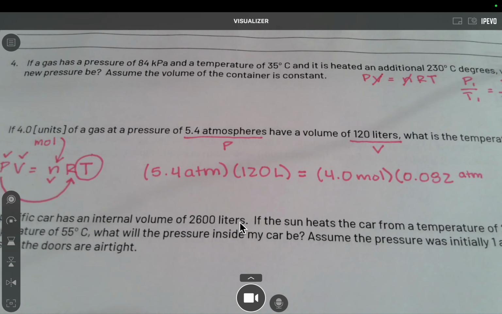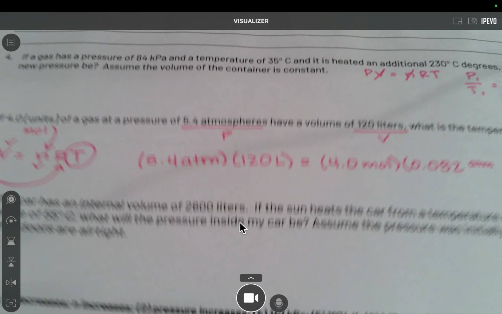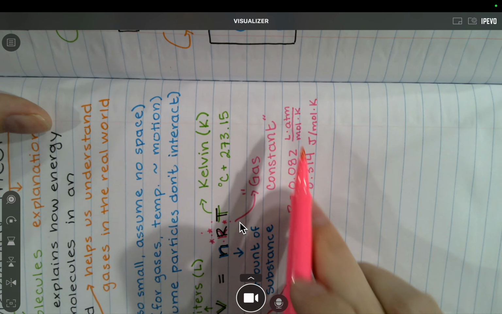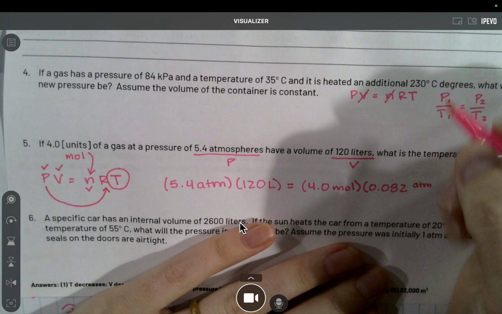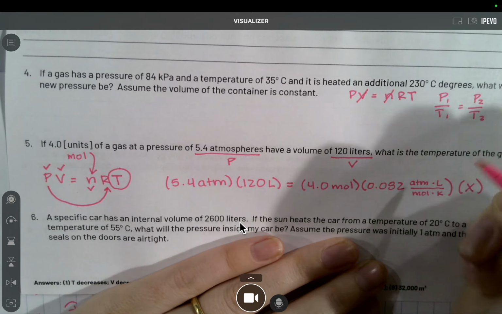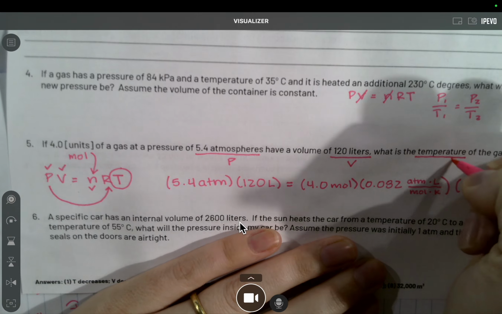Well, what were the units on that? They're all going to cancel out, so it doesn't matter a ton, but I like to keep track of my units. Liters times atmospheres over moles times Kelvin. Atmospheres times liters over moles times Kelvin. Okay. And we're solving for x. We do not know the temperature.